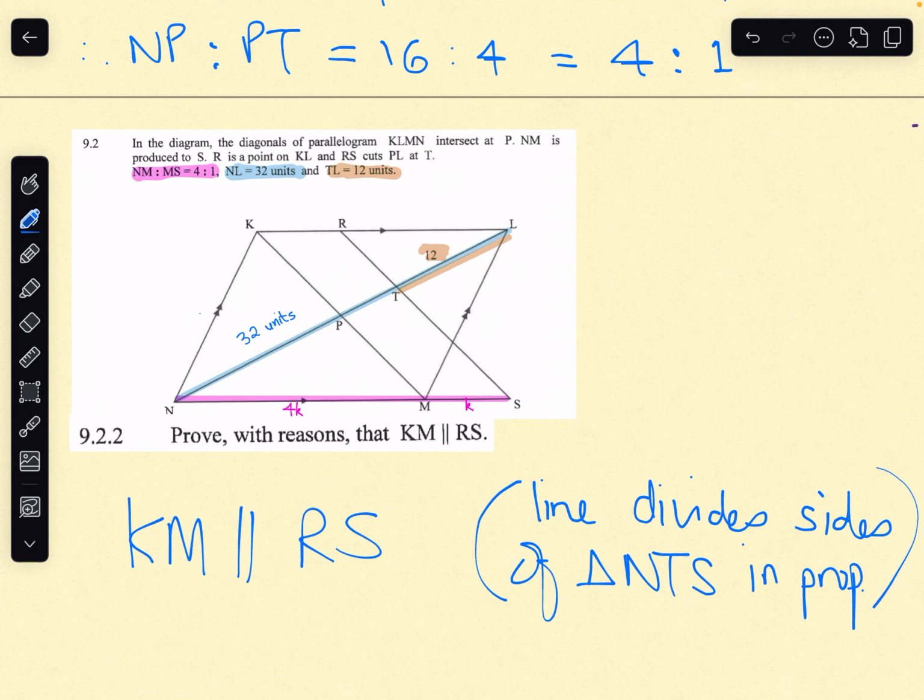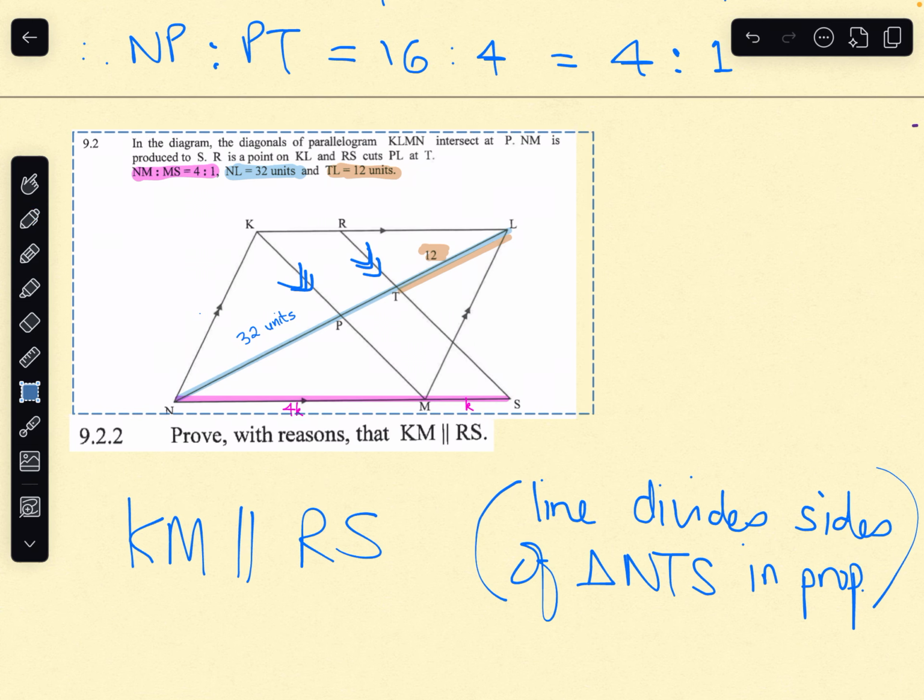Okay, because we showed that the ratio of NP to PT is the same as the ratio of NM to MS. So we now know that KM is parallel to RS. So let us go forth and see what we need to get to next.